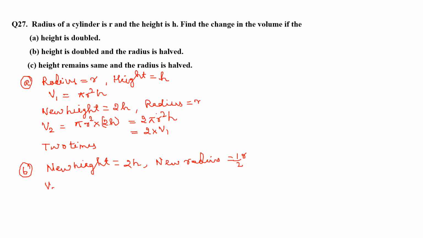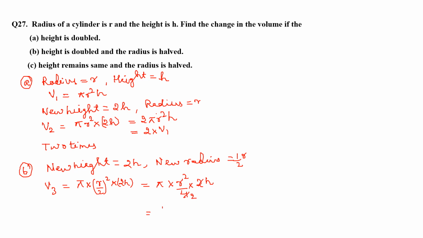So I'm assuming this as V3. So it is pi times r square, now your radius is r by 2 squared, into height. Height is 2h. So you have to write the new radius and new height. Formula will remain same. So now it is pi times r square by 4 into 2h, and 2 and 2 cancel.